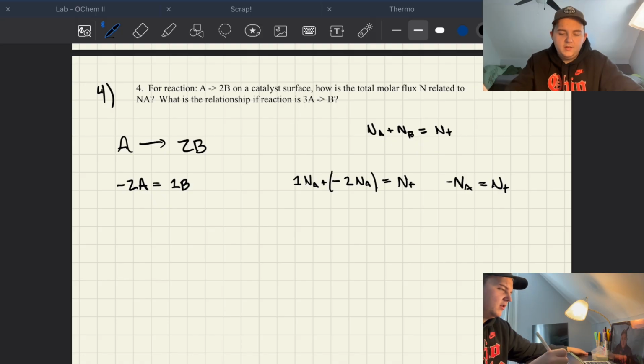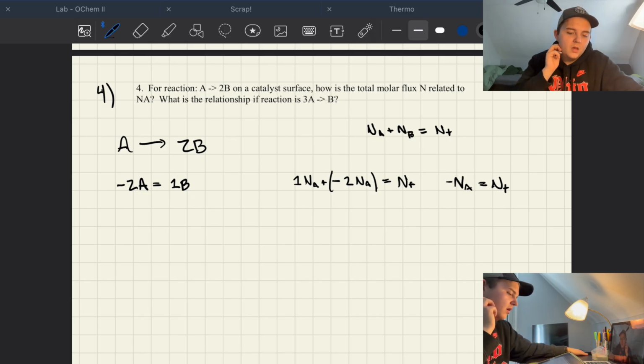What this shows is that for the reaction A to 2B on the catalyst surface, the total molar flux is going to be equal and opposite to the molar flux of A. So, okay, we're still good.